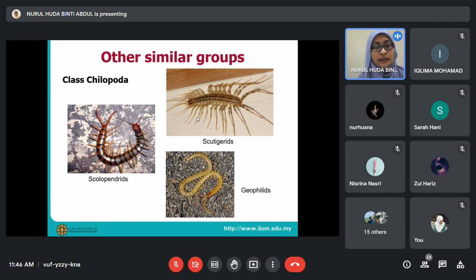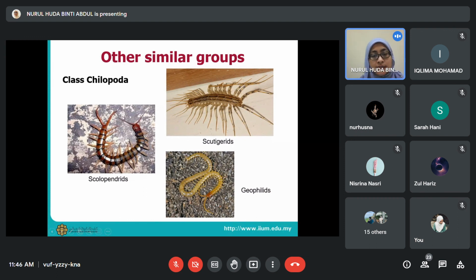It's just that one segment has only one pair of legs. Okay, satu segmen ni hanya ada sepasang kaki. Tadi Diplopoda satu segmen ada 2 pasang kaki, which is 4 kaki. This one only has 2 kaki because hanya sepasang only.